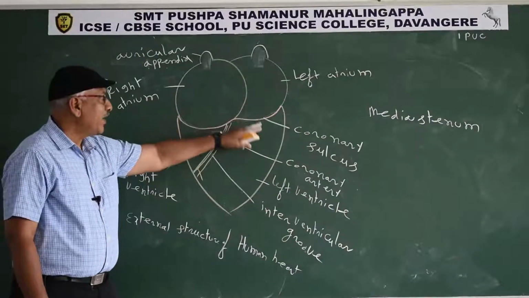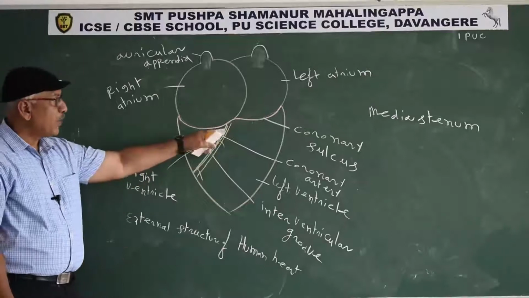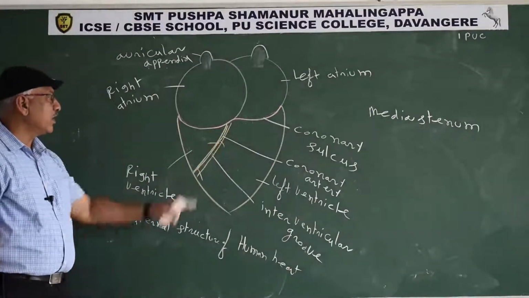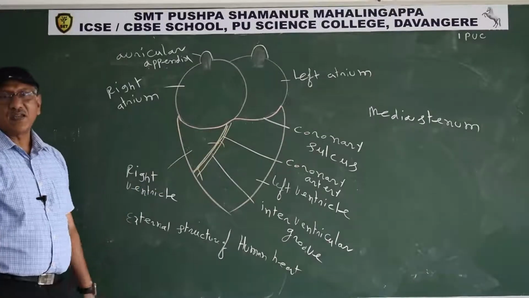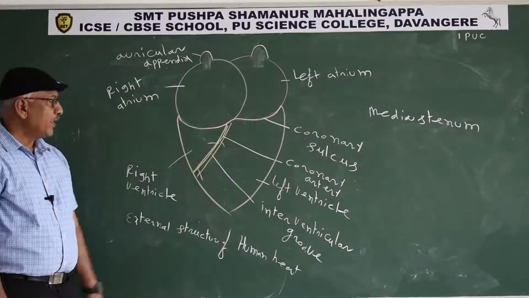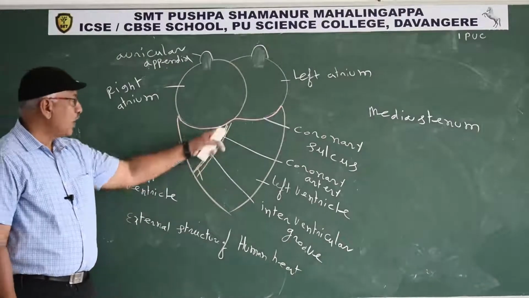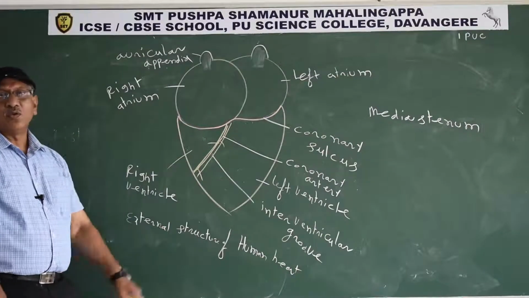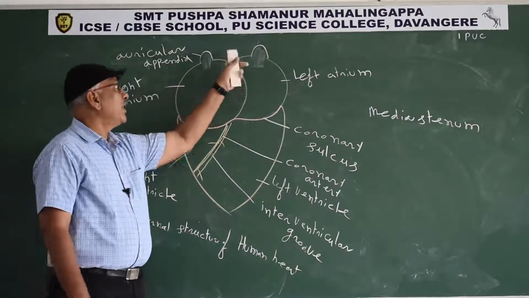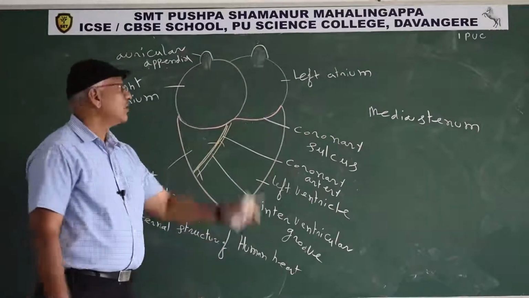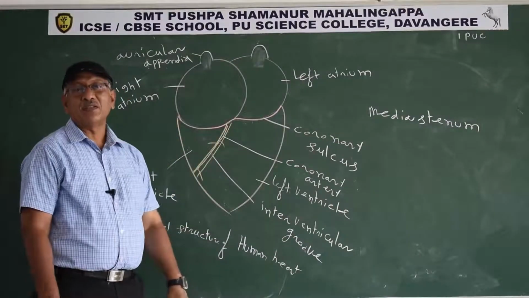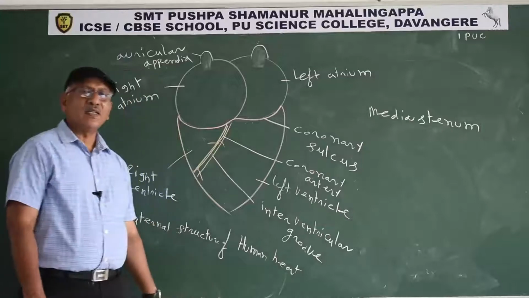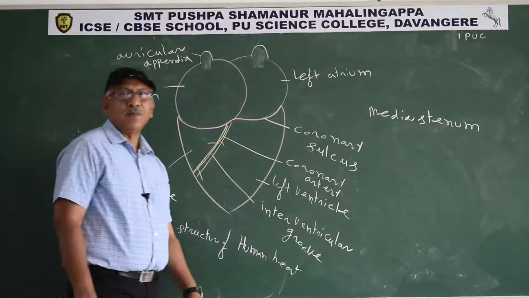The atria and ventricles are externally separated by the coronary sulcus. The two ventricles are externally separated by the interventricular groove. The coronary artery and its branches are present in the interventricular groove. The anterior part of the atria contains earlobe-like structures known as the auricular appendix. The auricular appendix increases the area of the atria.